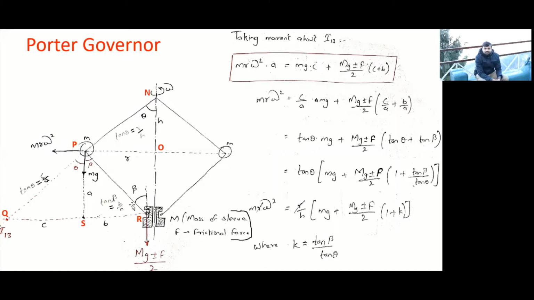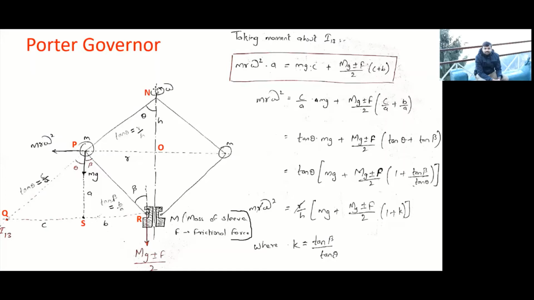Now the third force, that is the weight of the sleeve, is acting in this direction, and there will also be friction acting. So it is taken as plus minus f. When the sleeve moves down, the friction will be acting in the opposite direction, so the negative sign will come when the sleeve moves down. Okay, and when the sleeve moves up, the frictional force will be acting in downward direction. So at that time, we will add the value of this frictional force.